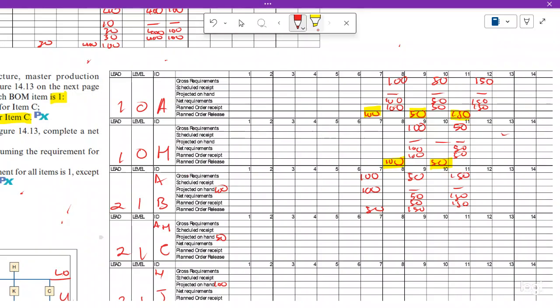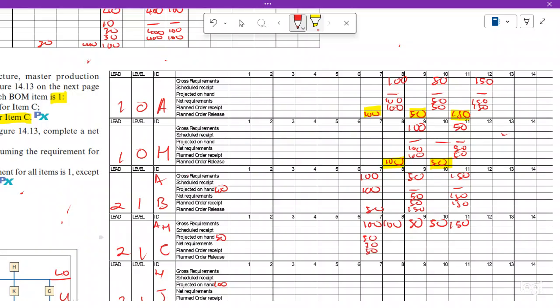All right, so for this one, received from A, which is 100, we don't multiply by anything. Then 100 from A, 50 from A, 150 from A. Then 100 from H, 50 from H. Then what do we have on hand? 50. What is outstanding? 50.